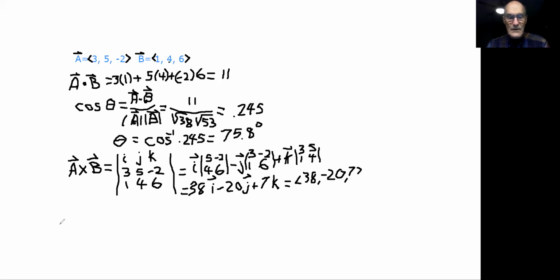So if I do the dot product between vector A and the cross product, A cross B, then if you'll notice, I get 3 times 38, plus 5 times minus 20, minus 2 times 7.